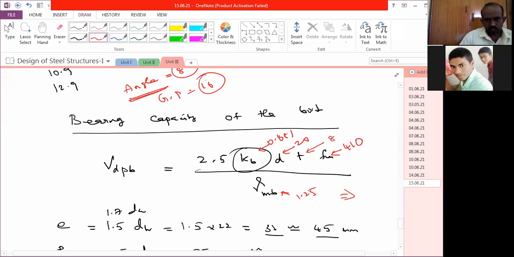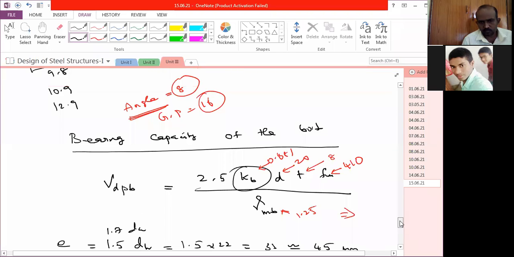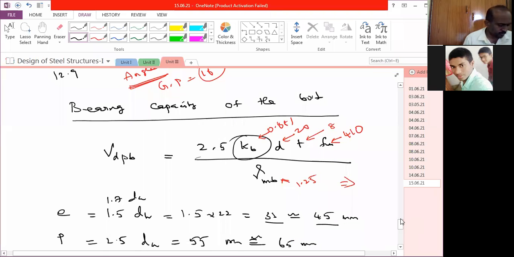So carefully you have to assume the t value. What is that bearing capacity of the bolt? 89.3.